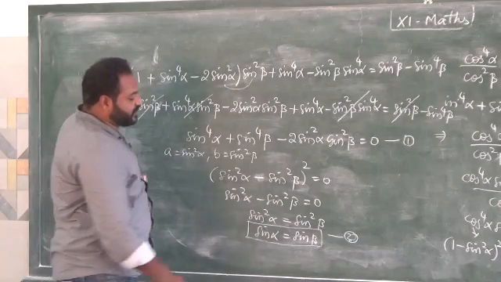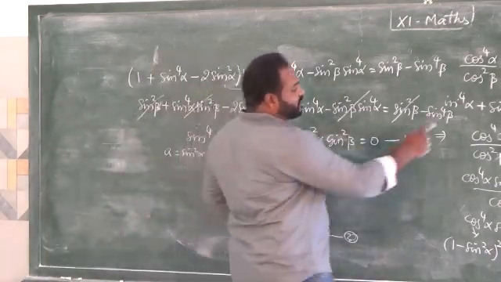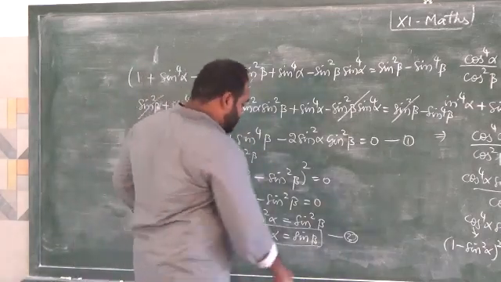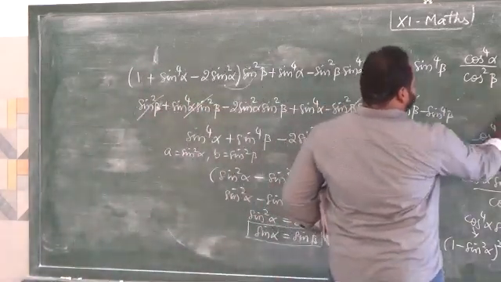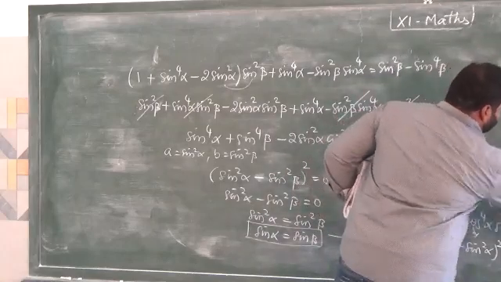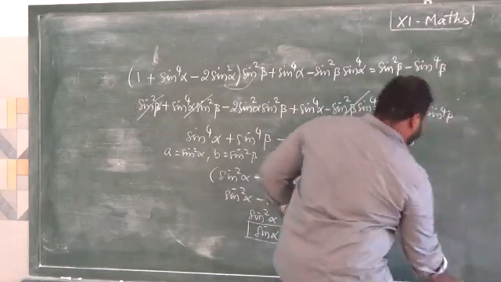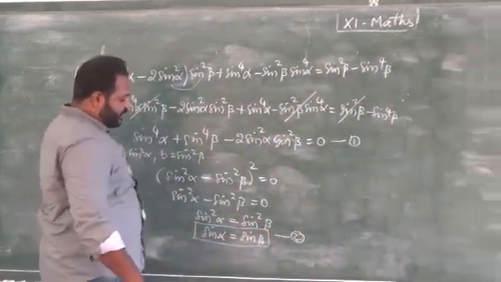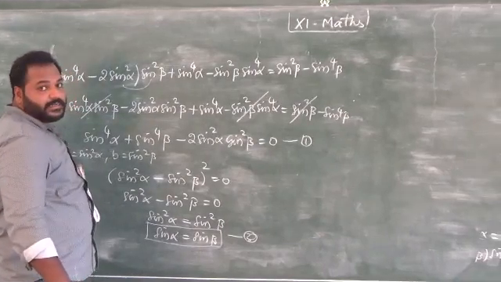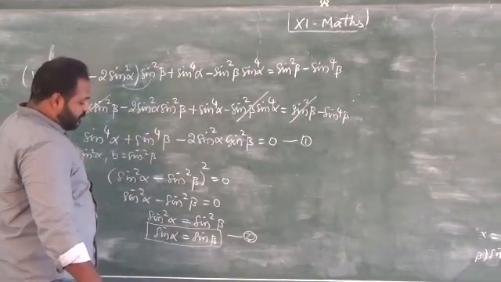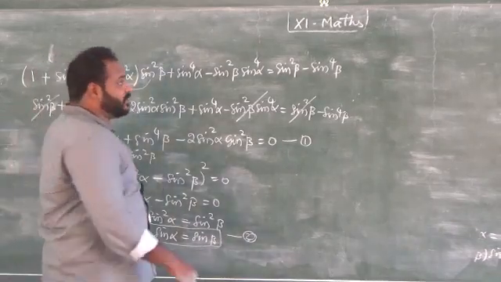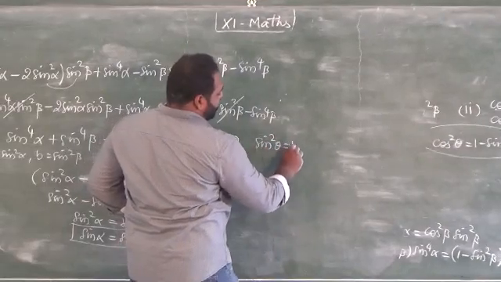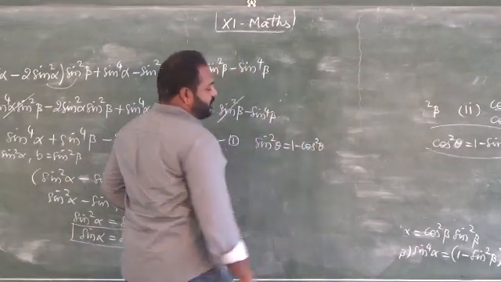Next, this is for sine. Because we have cos function also, so we have to change it in terms of cos, the second condition. In this second equation, sin square theta can be written as 1 minus cos square theta.